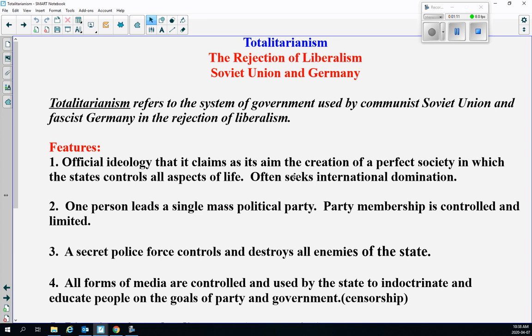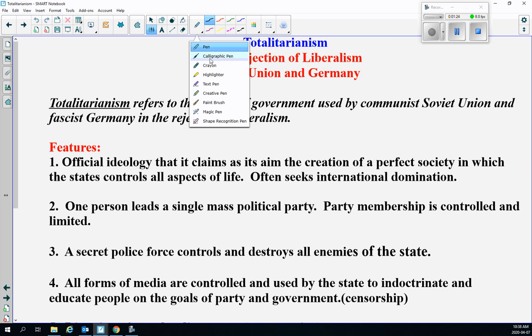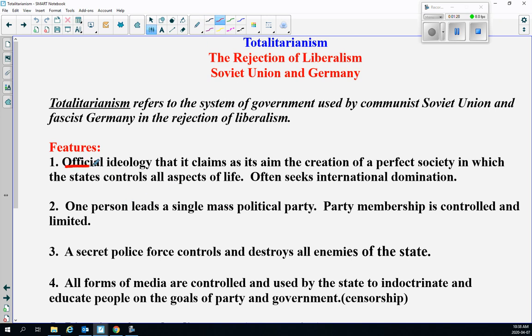You should try and say it once to yourself, totalitarianism. It can be tough to say. So there are a few features that come to mind when we think about totalitarianism. Number 1 is going to be one official ideology. So this is not a regime that allows for multiple political parties, or even a political opposition at all.